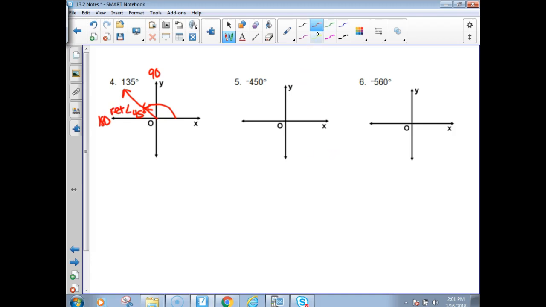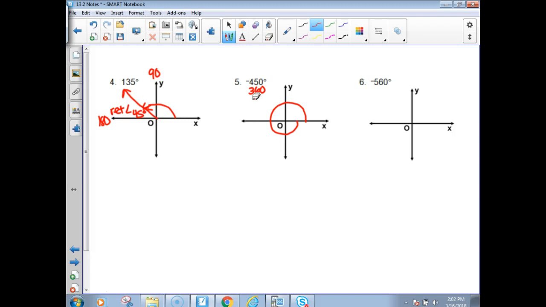Okay, drawing a negative 450. We're going to go around once, and then I'm going to say, all right, let's add 360 here and see how much further we have to go. Negative 450 plus 360. I'm doing that because it wouldn't help to subtract 360. Do you see what I'm saying?